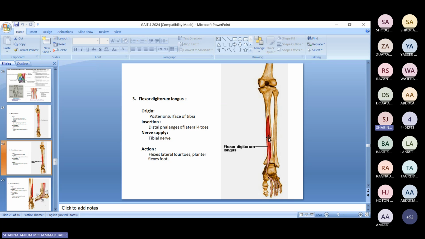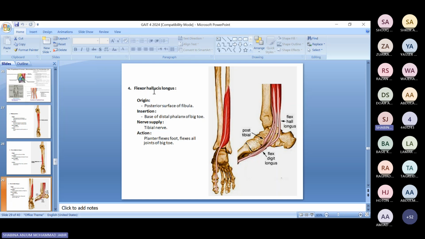It will come from the posterior surface of the tibia and divide into four slips, inserted over the lateral four toes. As it crosses the four toes as well as the ankle joint, it will do plantar flexion as well as flex the small joints of the toes.